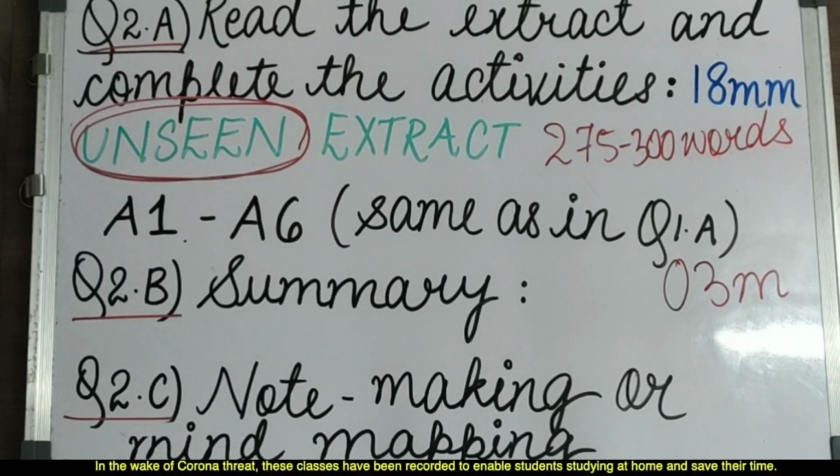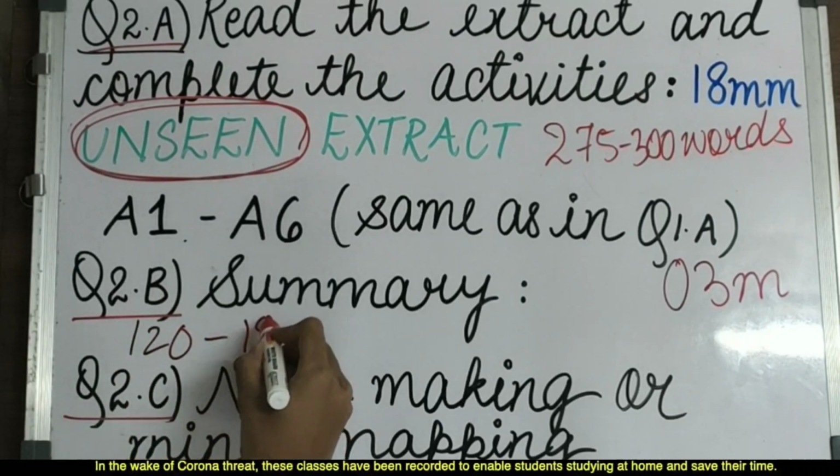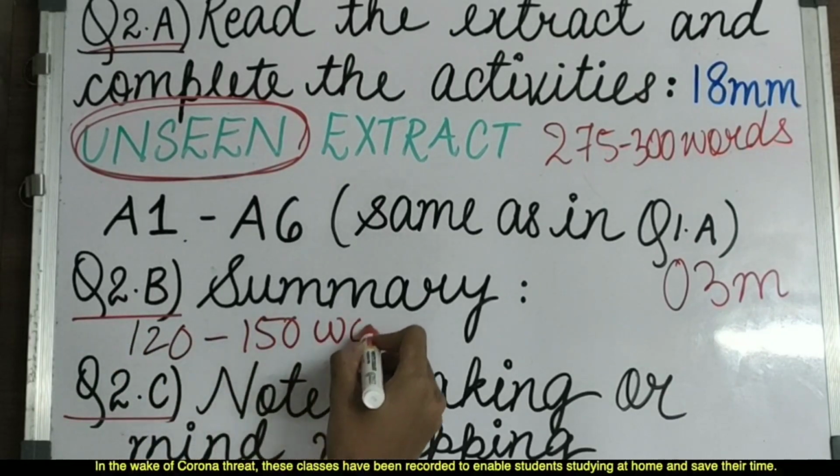So what you need to do in this is you are given 2 to 3 paragraphs. Okay, so from those 2 to 3 paragraphs you have to read that and you have to shorten them in about 120 to 150 words.